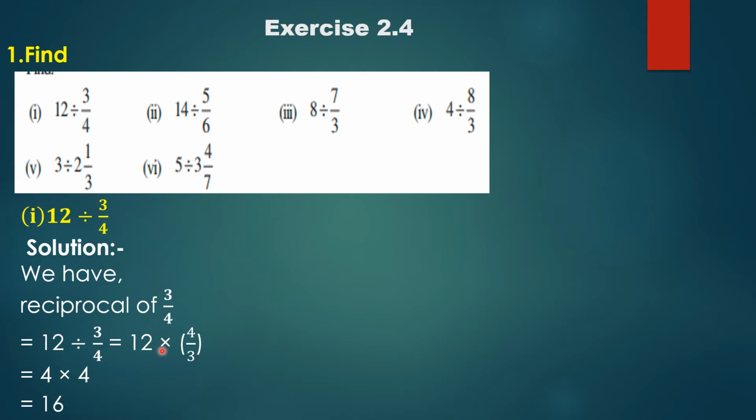Therefore 12 into 4 by 3. Now what we have to do? 3 ones are 3 and 3 fours are 12, and what is remaining? It is 4 into 4. 4 into 4 is nothing but 16. Therefore 16 is the answer for the question number 1 under the exercise 2.4.